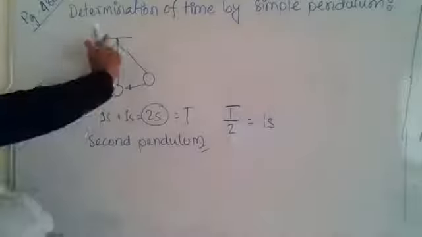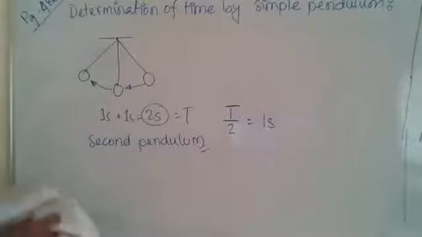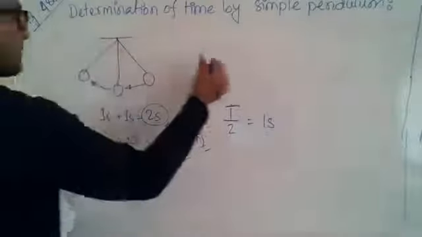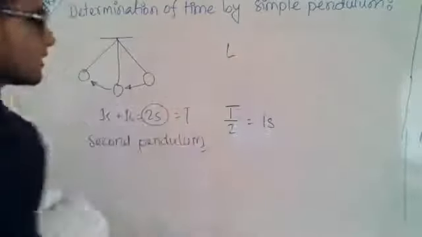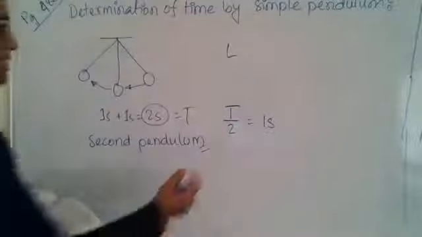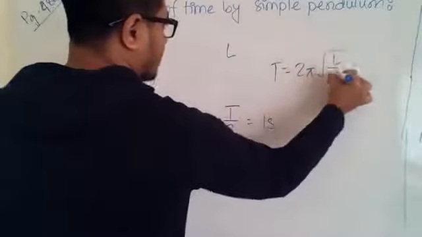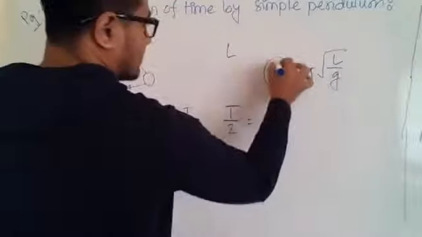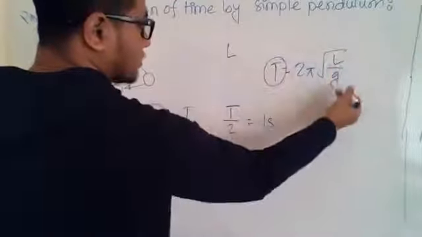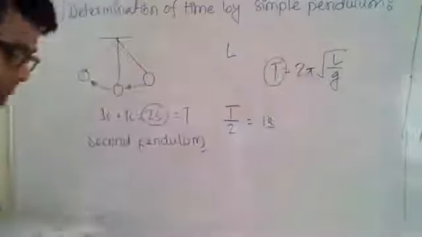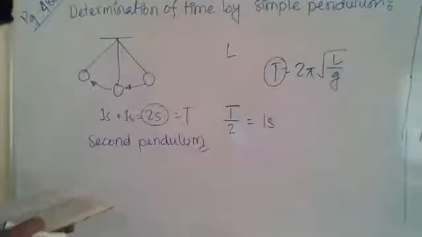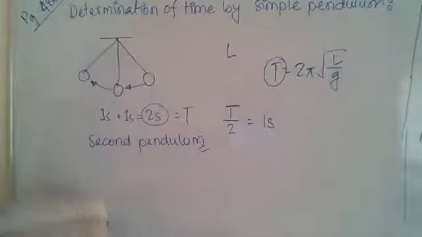So if the length of the thread increases, it will definitely affect the time period. Why? Because if the length of the thread increases, the effective length will change. If L is changing or g is changing, then it will affect the time period T. So either it will become fast or slow.